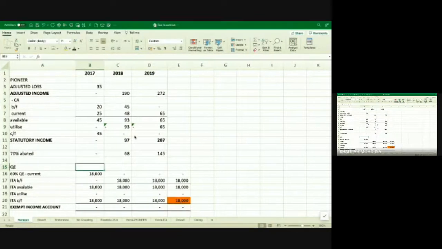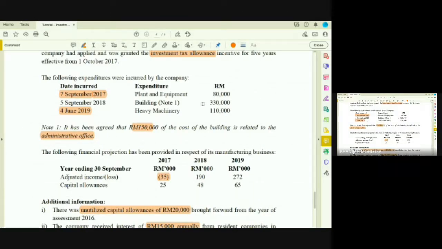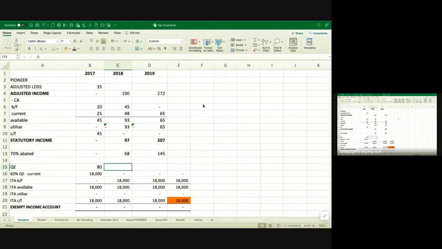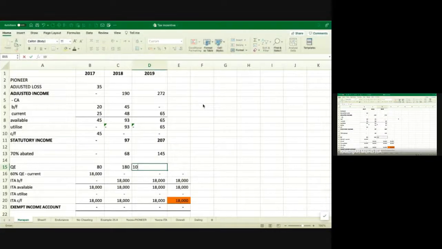So here 80,000. For 2018, you have 330 minus 150, 180. And for 2019, you have 110. Right, so your 60% is this one times 0.6.